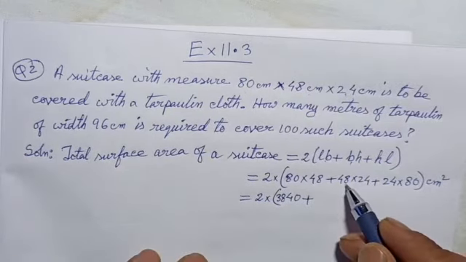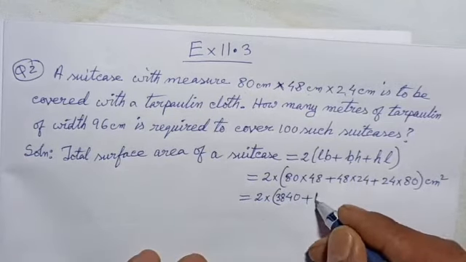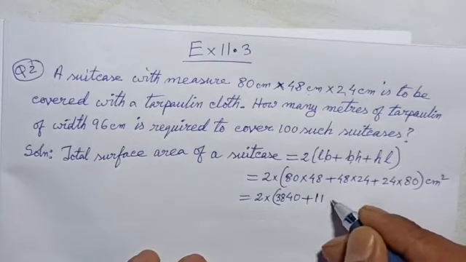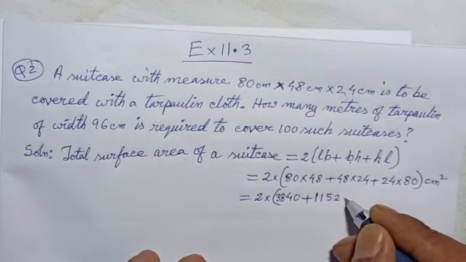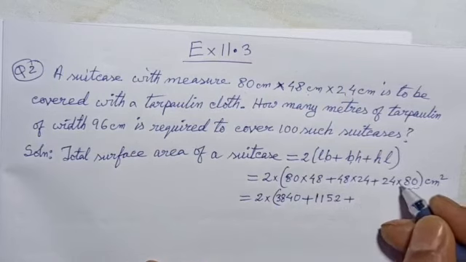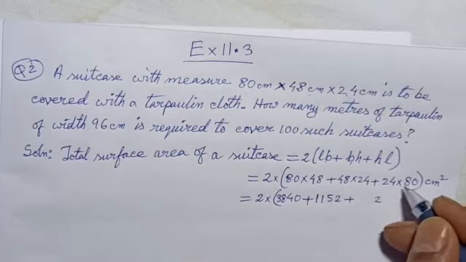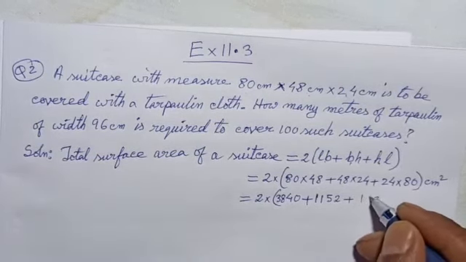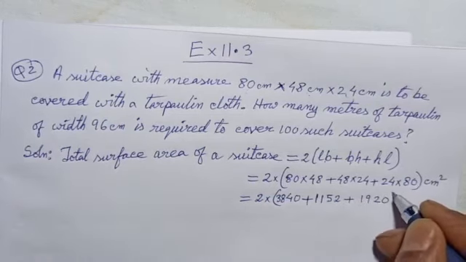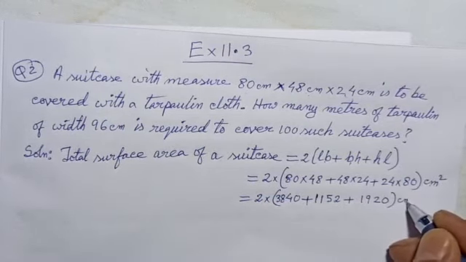If 48 is multiplied by 24, we are getting 1152. Then plus sign, 24 into 80: 8 4s are 32, 3 carry, 8 2s are 16, 19. We are getting 1920, and unit is centimeter square.